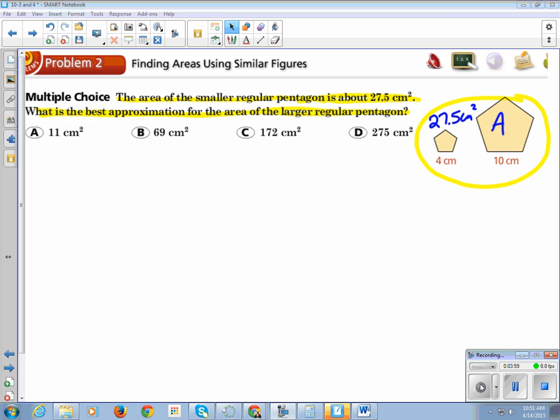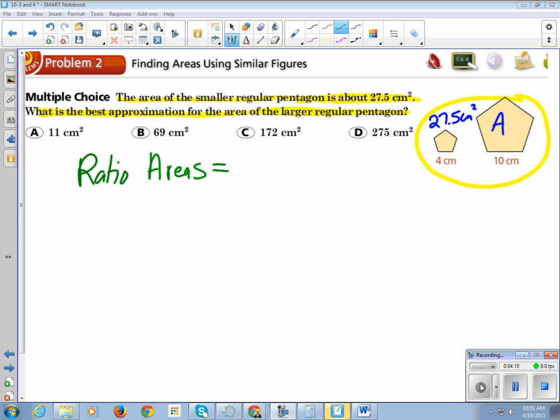When we are comparing areas, the ratio of areas is equal to the ratio of sides squared.